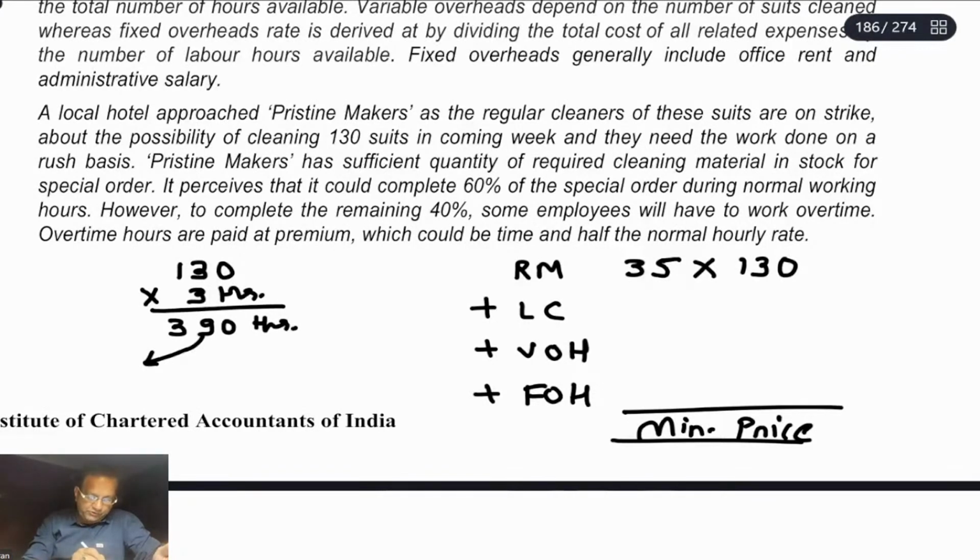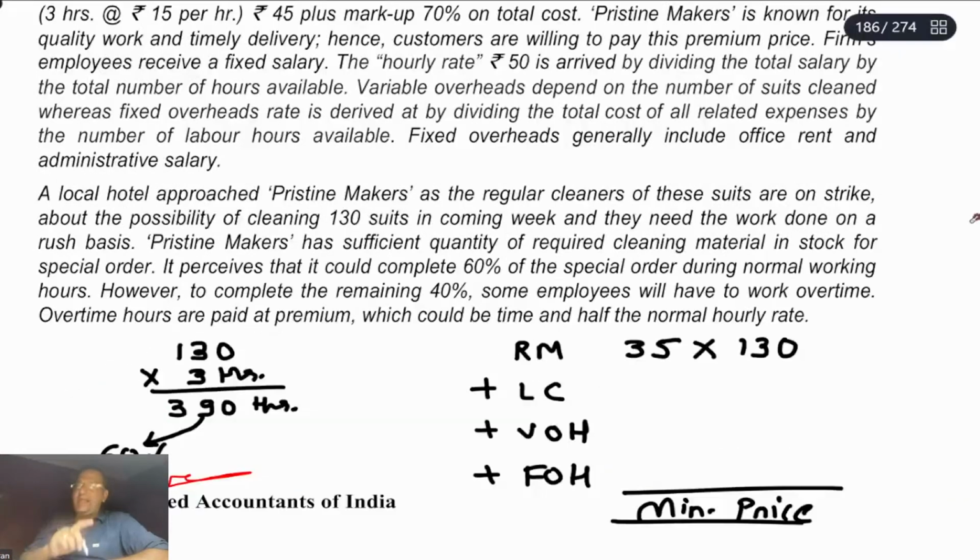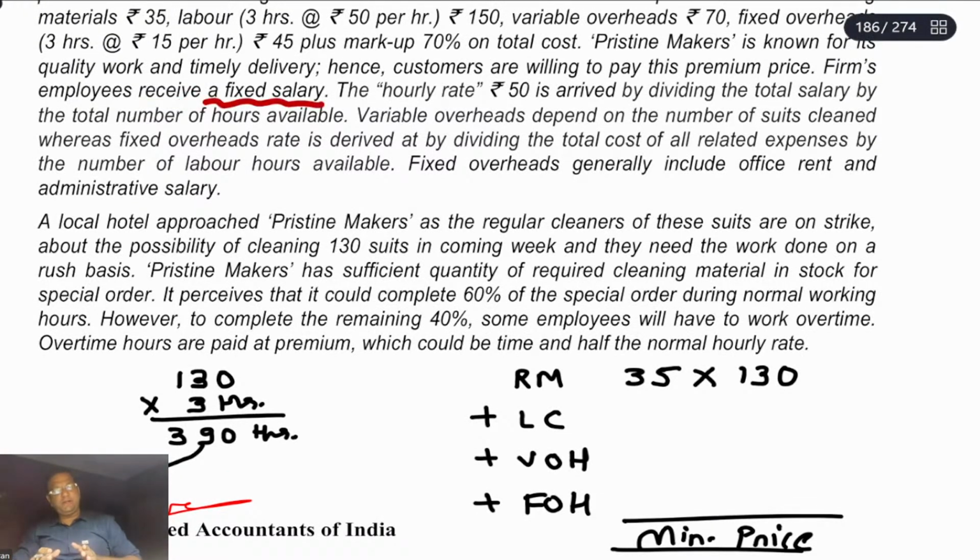Out of this 390 hours, the 60% hours cost is irrelevant. Just think over it, beta. 130 foods multiplied by 3 hours, the total required hours are 390. Out of this 390 hours, 60% are irrelevant. Why irrelevant? Because for the 60% hours the employees are idle and they are receiving a fixed salary irrespective of productive time or unproductive time.